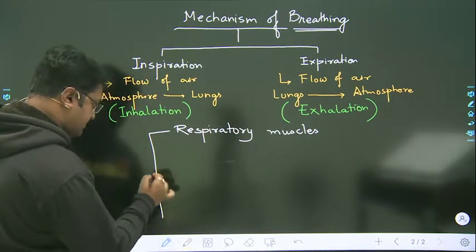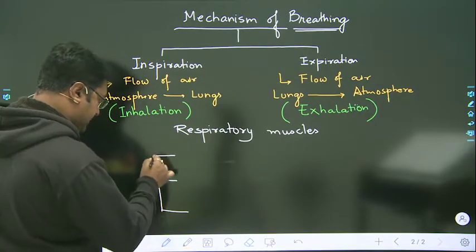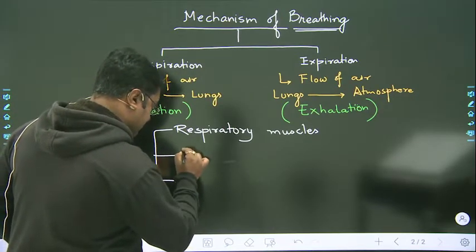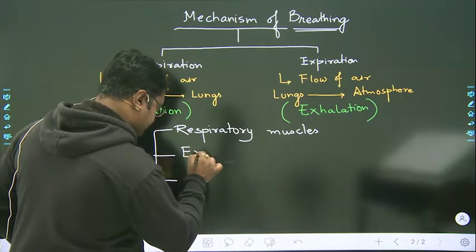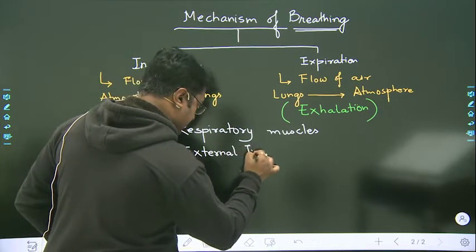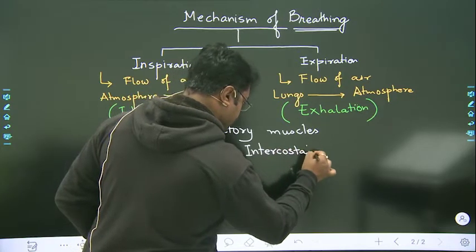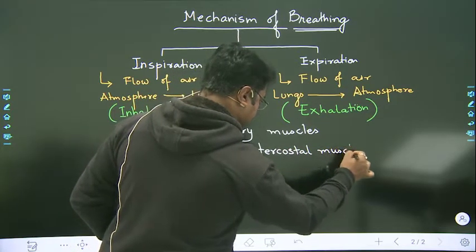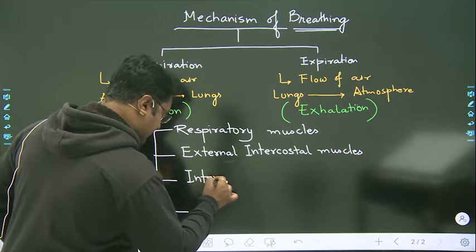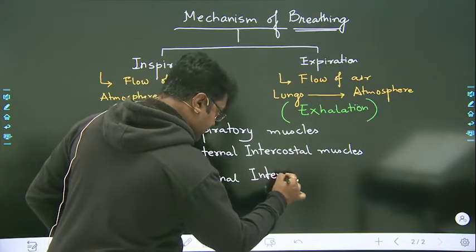These respiratory muscles are generally of three types. The first one will be the external intercostal muscles. Next will be the internal intercostal muscles.